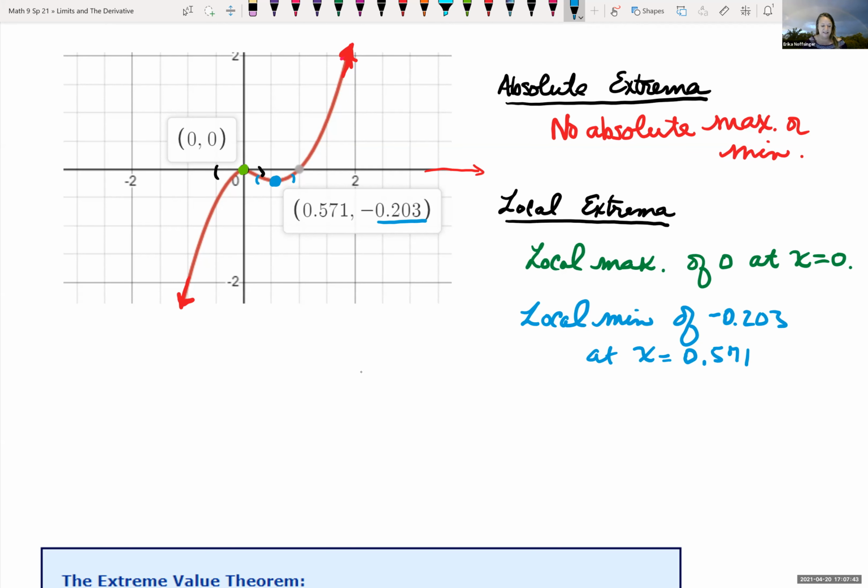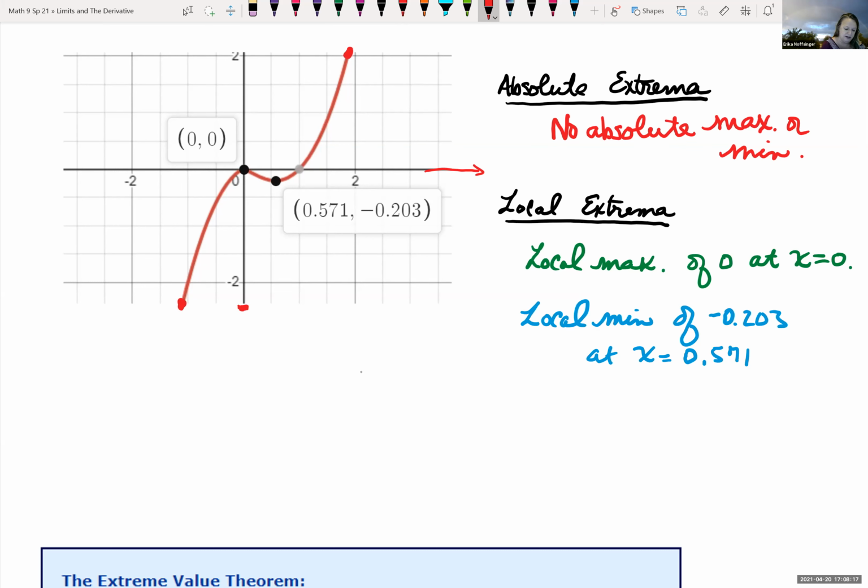Let's take that same picture and say that instead these were solid points here. If we had solid points there, that would change things. If that was a solid point here, our smallest y value is right here.